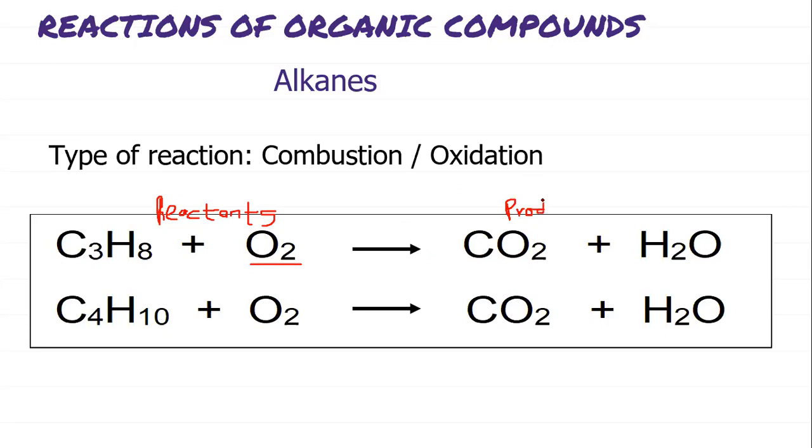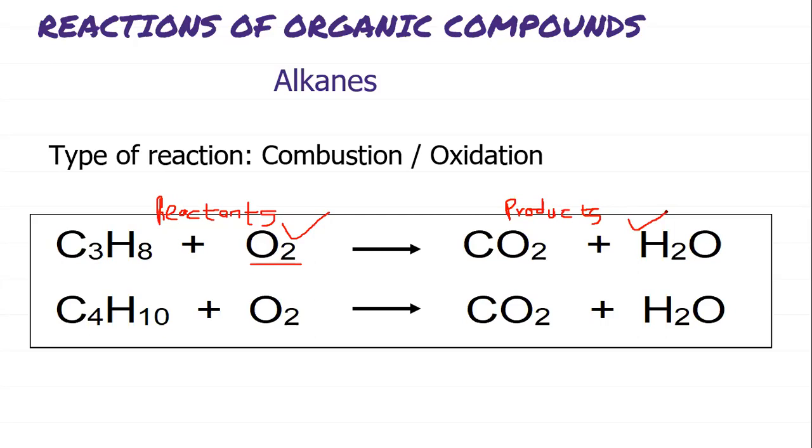The molecular formula of carbon dioxide is CO2, and the molecular formula of water is H2O. So how are we going to allocate marks here? The first mark is for the reactants being correct. The next mark is for the products being correct.